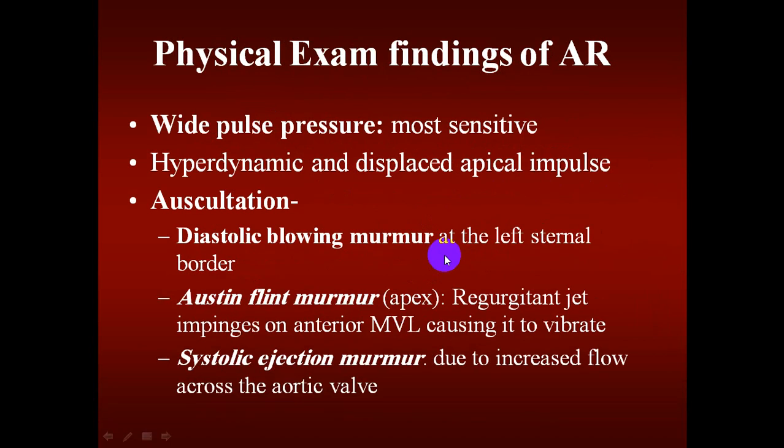On physical examination of aortic incompetence, wide pulse pressure is the most sensitive finding, with a hyperdynamic and displaced apical impulse.